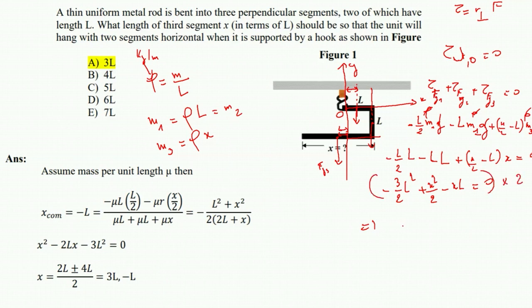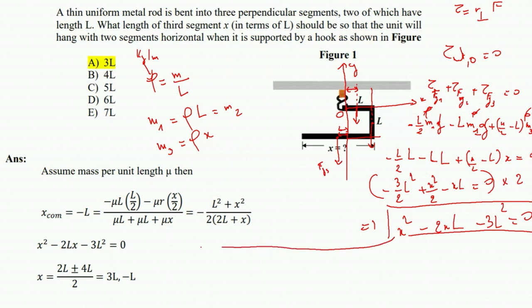Of course, I will have x squared minus 2xL minus 3L squared equal to 0. This is the equation that I have to solve, and it is the same as the equation here. You know how to solve a quadratic equation. I will have two solutions, either 3L or minus L. Of course, 3L will be the right one. So x is equal to 3L.